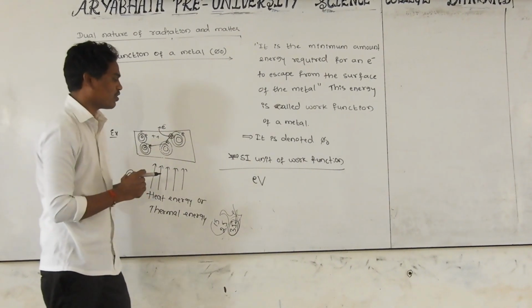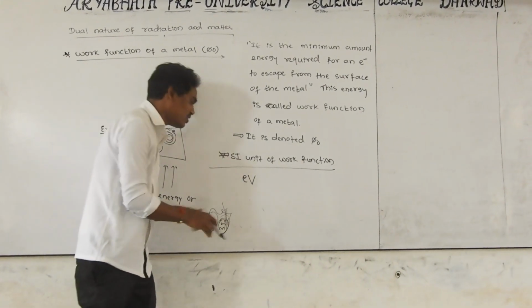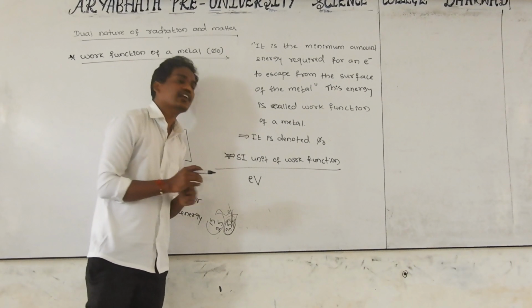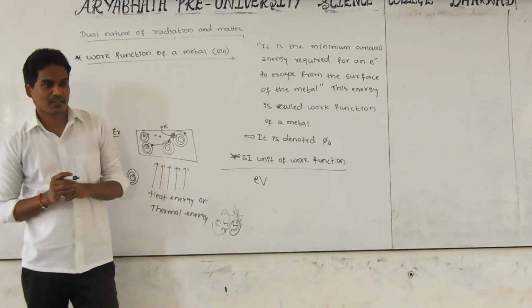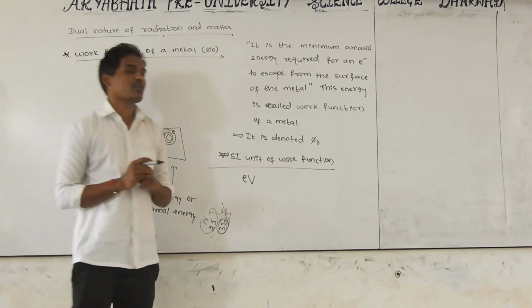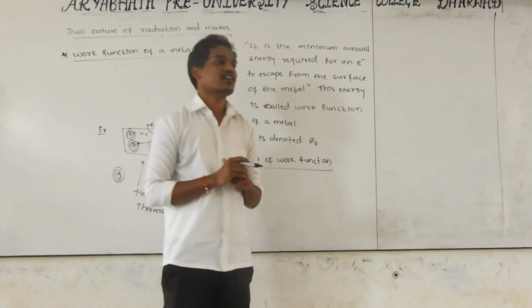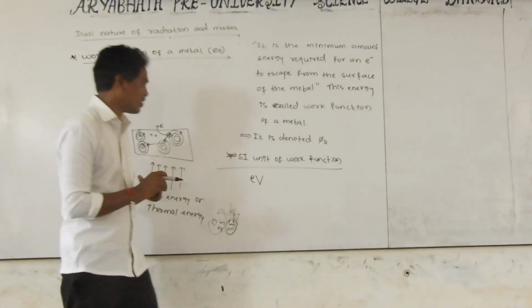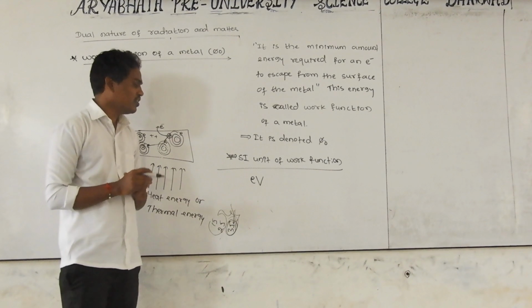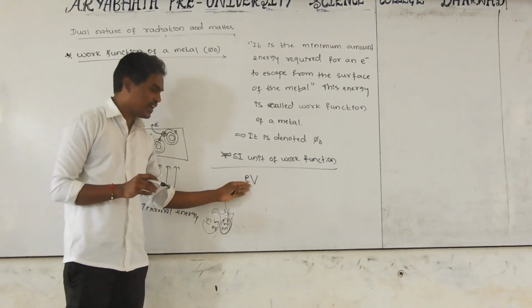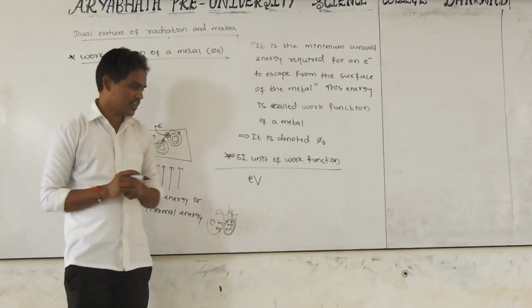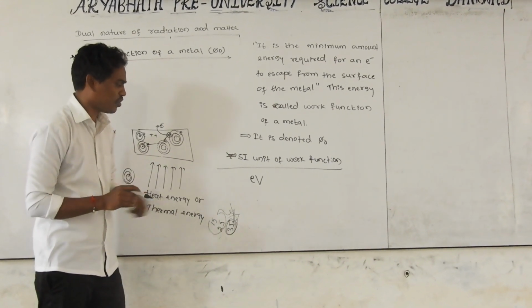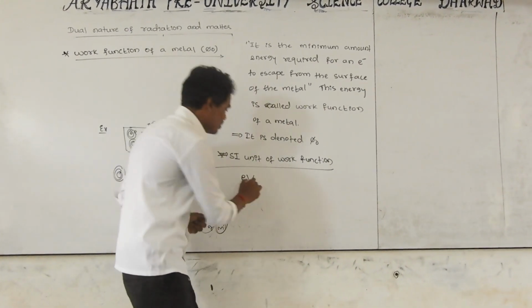Here, electron volt means the charge e of the elementary particle, which is the electron. That's why the work function of a metal can be measured in terms of electron volt.